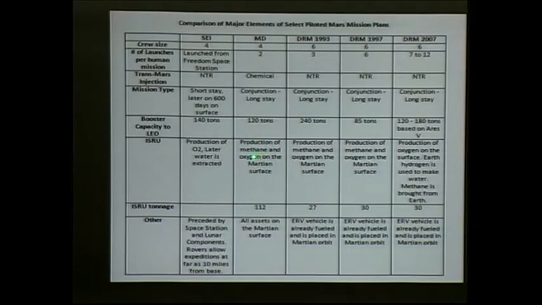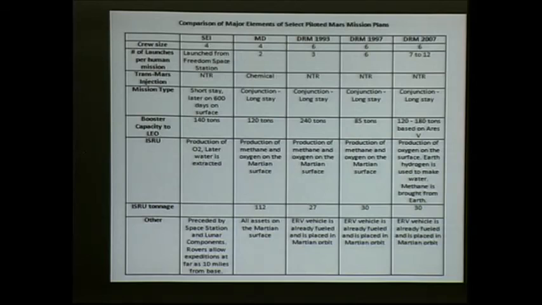Of course, we know that Mars Direct produced methane and oxygen on the Martian surface, and even the first reference mission had a very similar strategy, although the amount was reduced, because more infrastructure was being left in Mars orbit, which incidentally meant the use of nuclear thermal rockets was required. And nuclear thermal rockets are something that this space program needs, but they're perhaps still a few years out because there's just no money being spent on it.